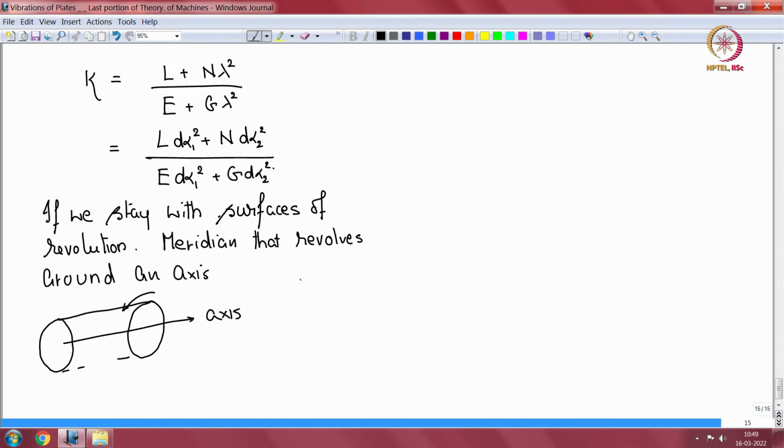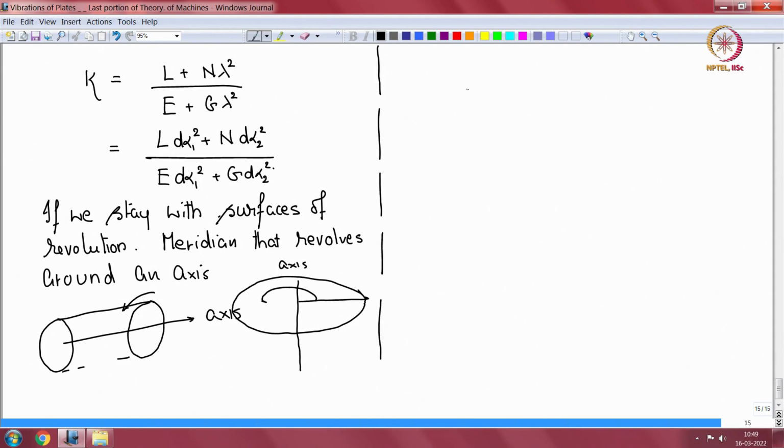Or a circular plate. This is my axis, and let's say that is my meridian, and this meridian rotates, then I get a circular plate. Or as we saw before, a conical surface.